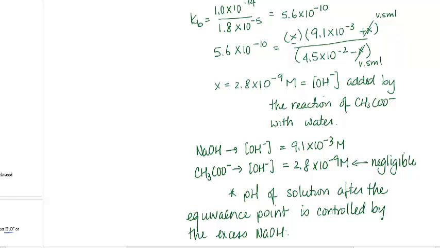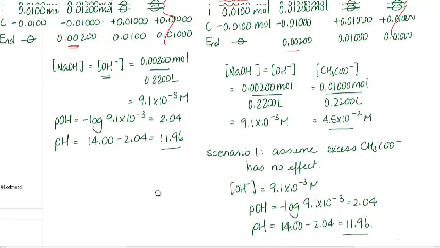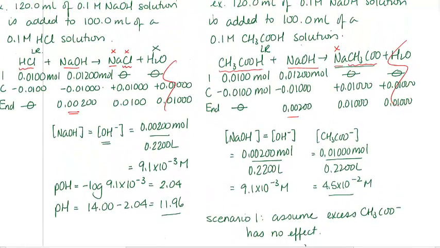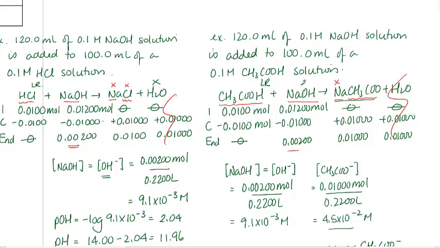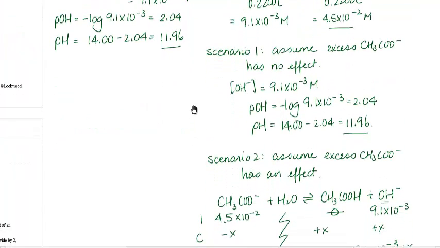And so to summarize, when our NaOH is in excess, the pH of the final solution can be calculated by scenario 1, whereby we only look at the OH that comes from the NaOH that is in excess. Therefore, our calculations are now simplified.